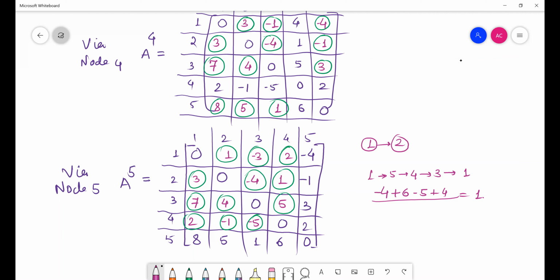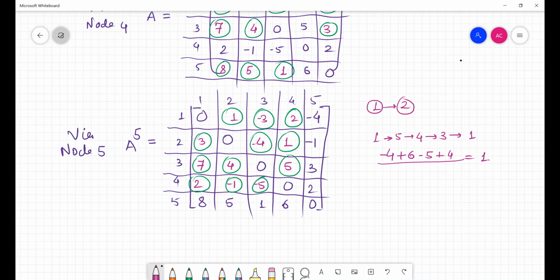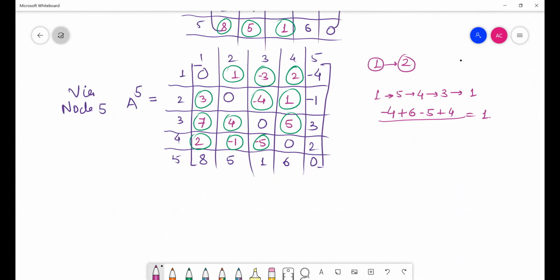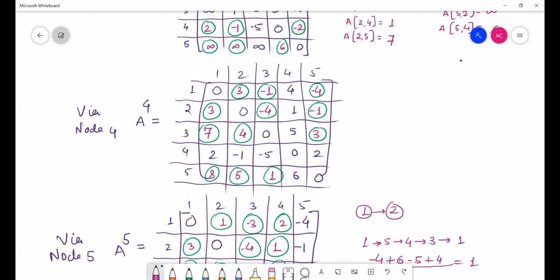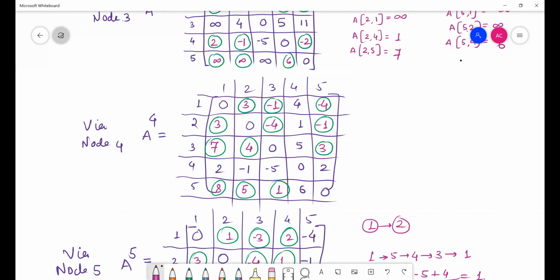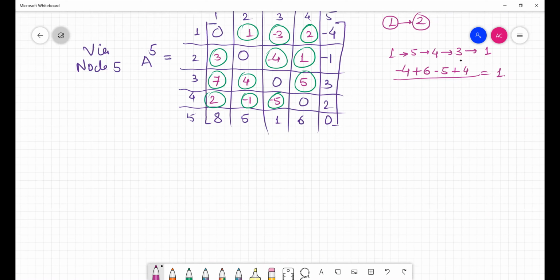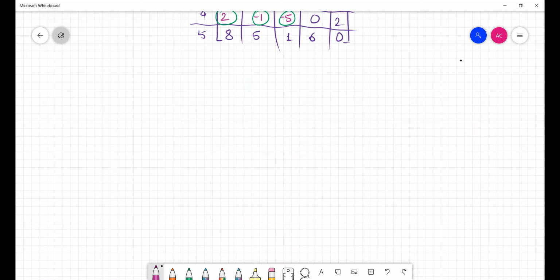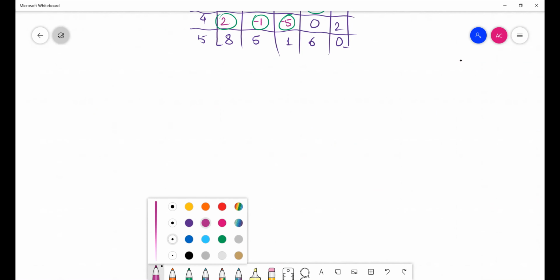Okay. So do you want to practice it with a different problem? As a homework. Please. So maybe you can take this graph and solve it.